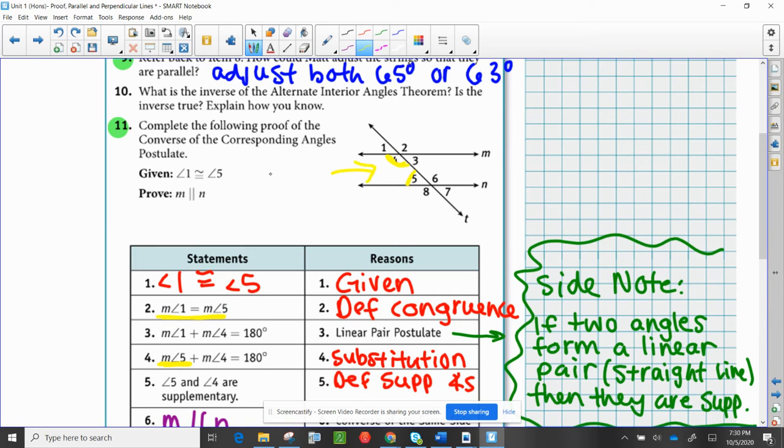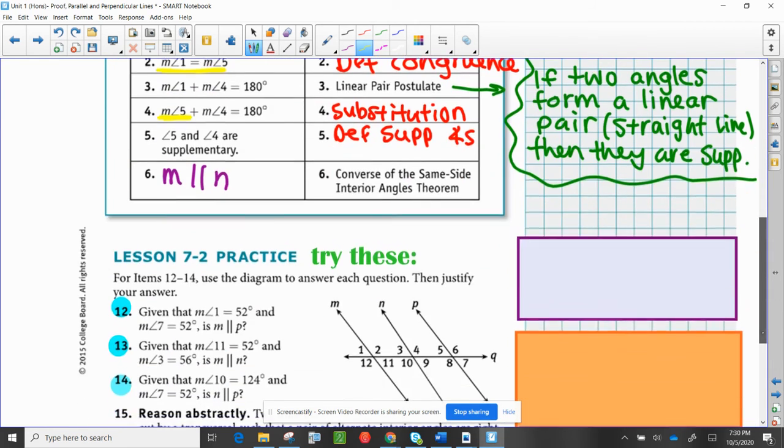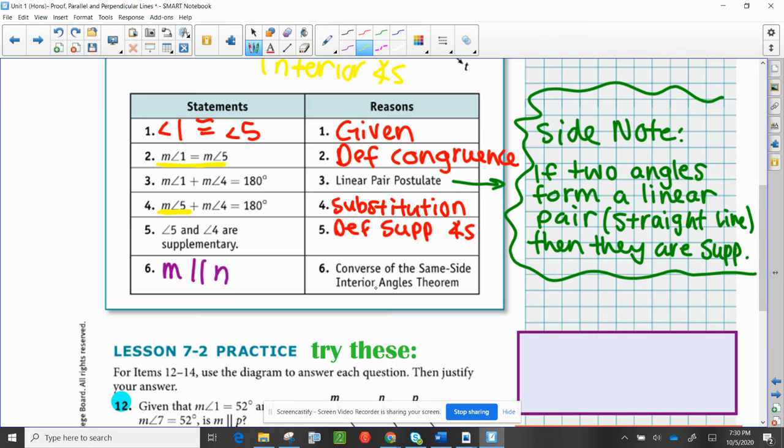Those angles there are same side interior angles, right? So if we have same side interior angles that are supplementary, then we have proven that we have parallel lines. So again, they're saying the converse of the same side angles theorem.